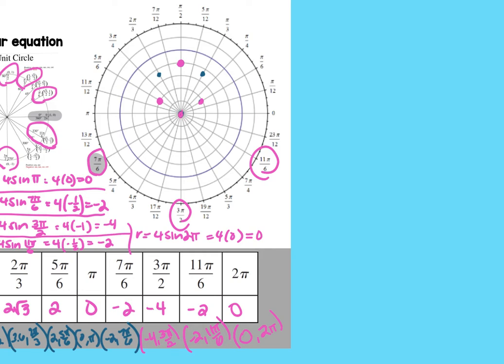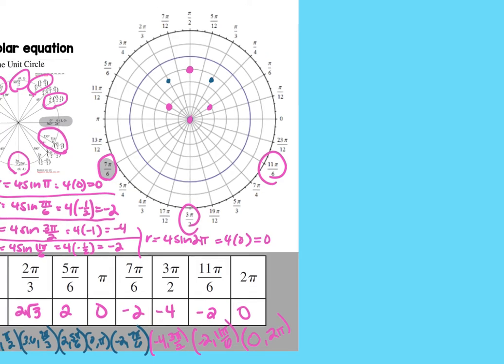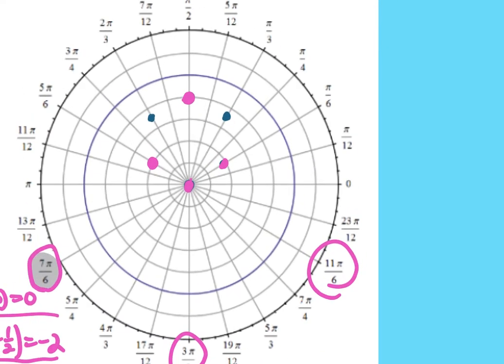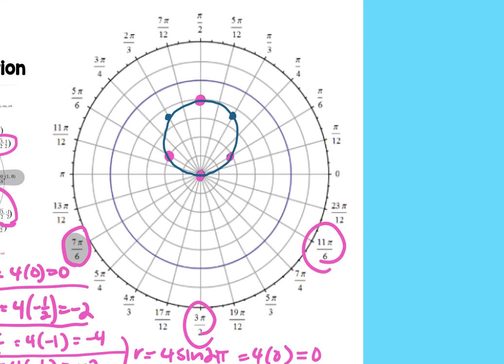So I have duplicated points, which is totally fine. It should happen at some point. It may not happen in the range that you plug in all of the time, but if you have a wide range like this, it's going to duplicate. So what I've actually done is drawn a circle with these points.